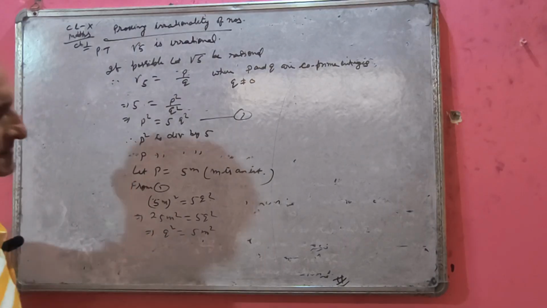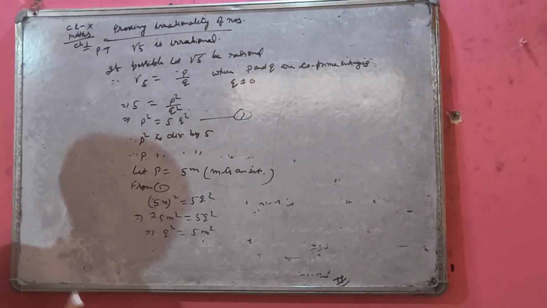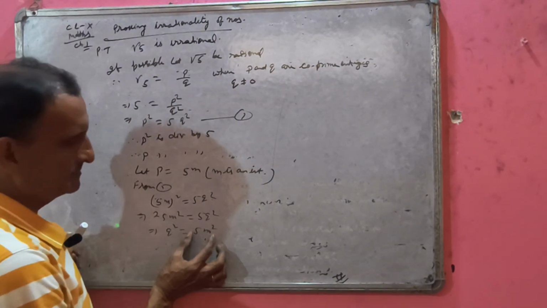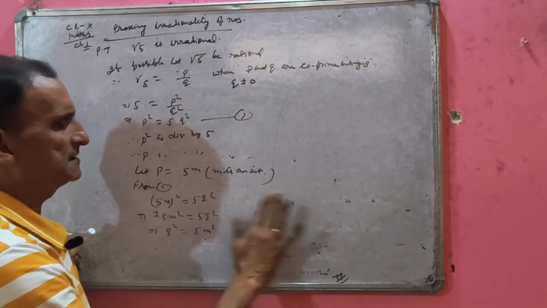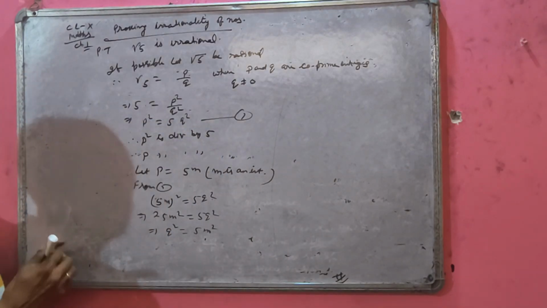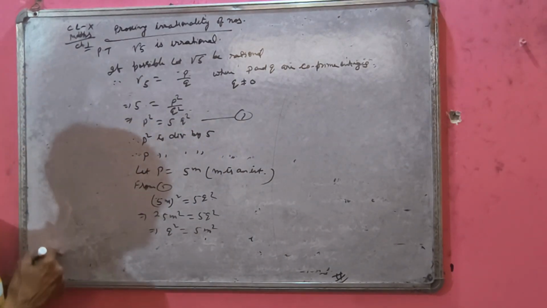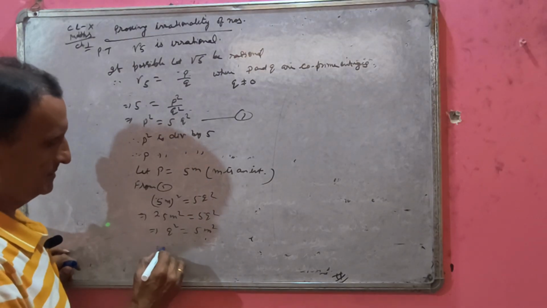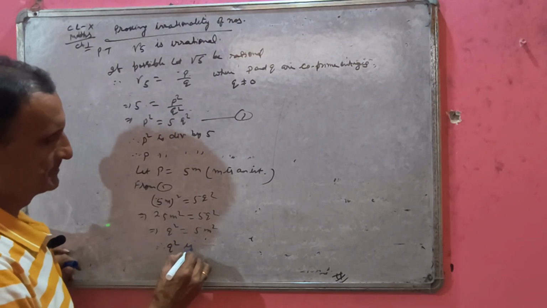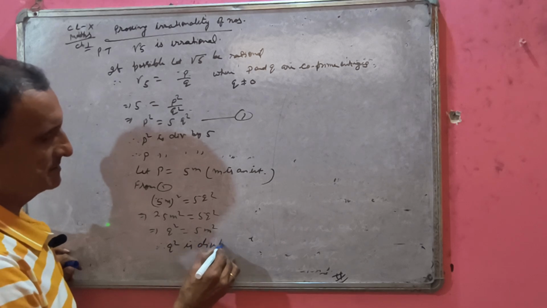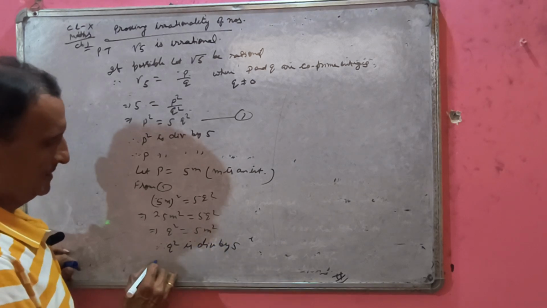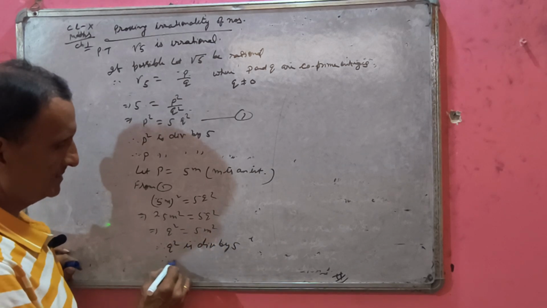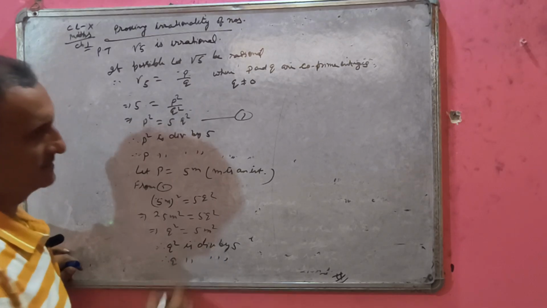Multiple of 5 or divisible by 5. So this is divisible by 5 or multiple of 5. You can say multiple of 5 also instead of divisible. And this is equal to this. So if this is divisible by 5, this is also divisible by 5. Therefore, q square is divisible by 5. If q square is divisible by 5, then q is divisible by 5.